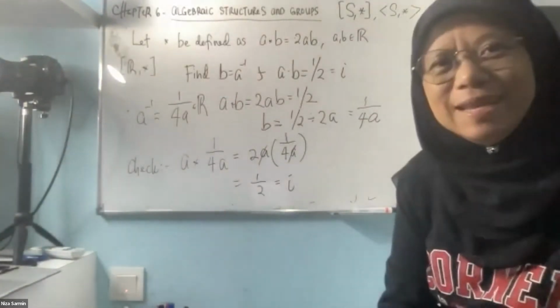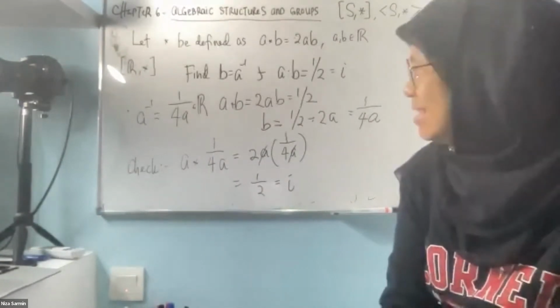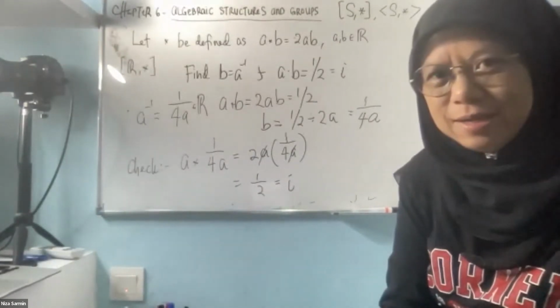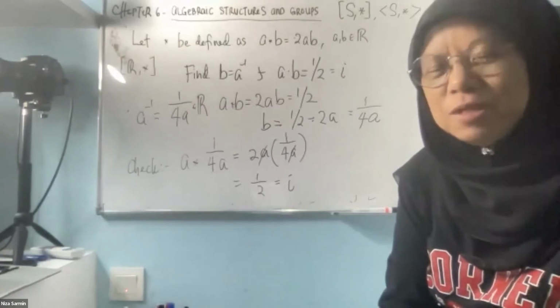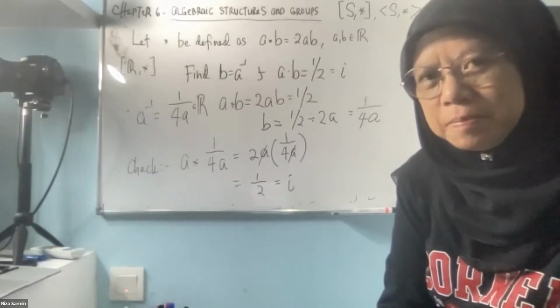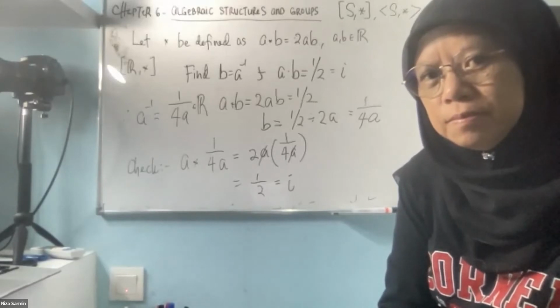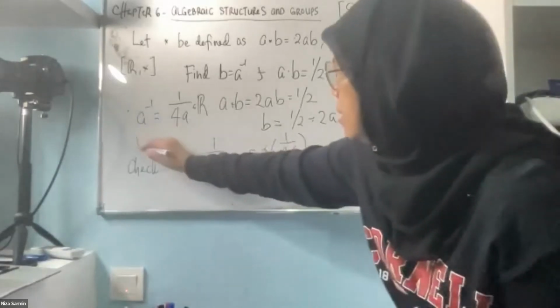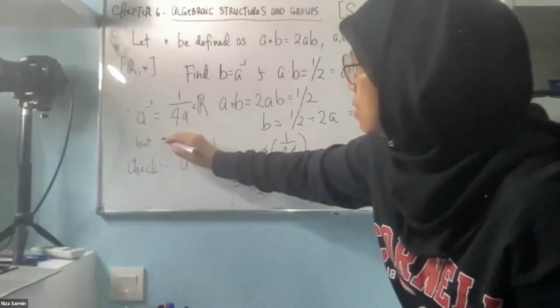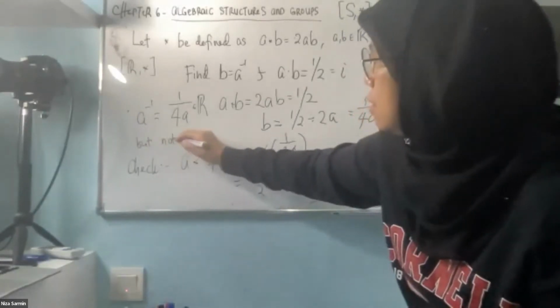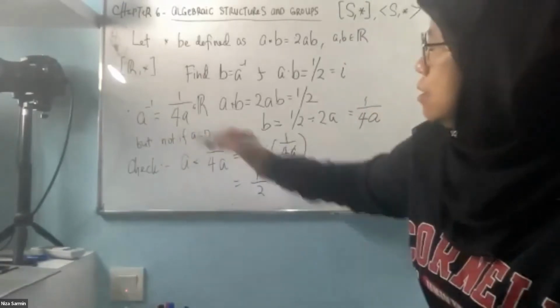but there is a but. There is a problem, right? What's the problem? This is not for all, but not if A is 0.